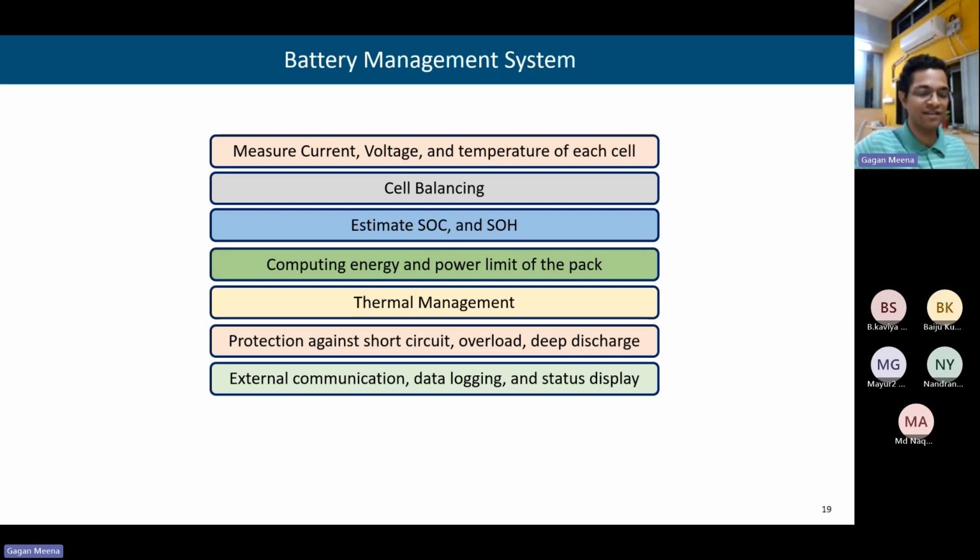And let's say if the estimation of the charge energy level which is available in the storage is not correct, then what will happen? We will think that, let's say the indicator is showing 50% energy level is still there in the battery.